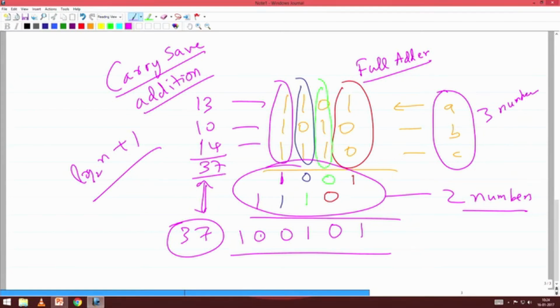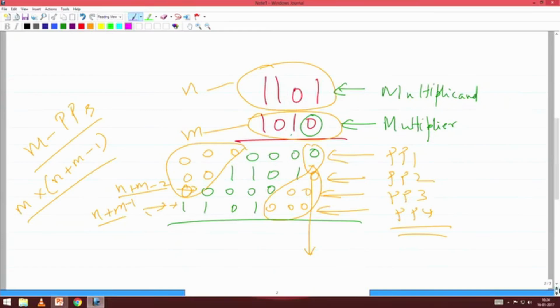So the problem of adding 3 numbers gets translated to the problem of adding 2 numbers by this carry save addition, and this we will be using for our multiplier. Now how can we do this here? I actually have 4 numbers to be added.